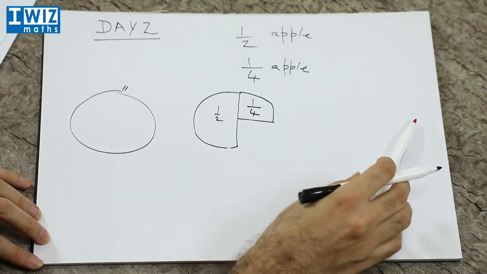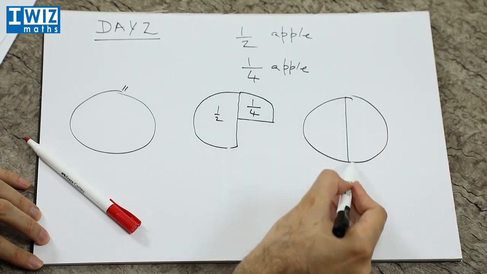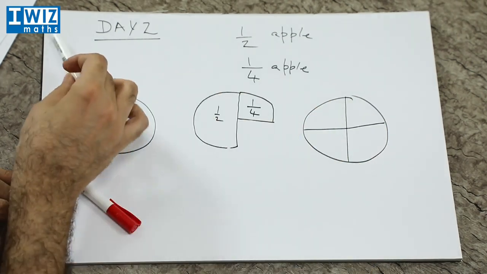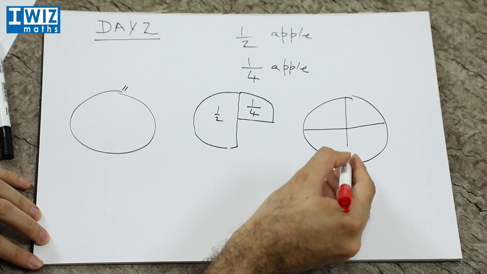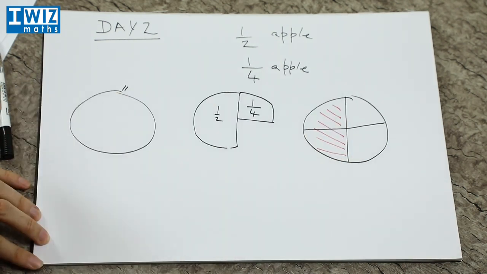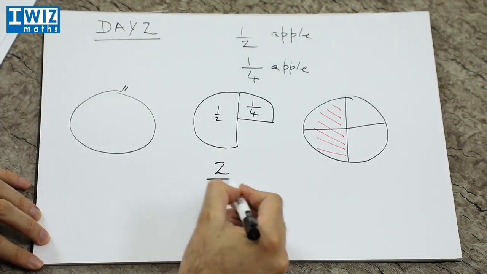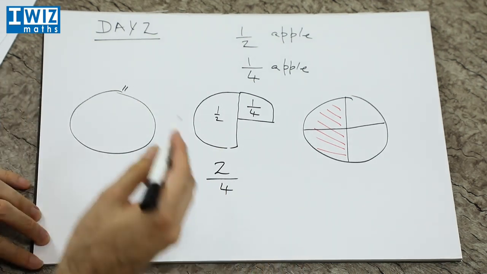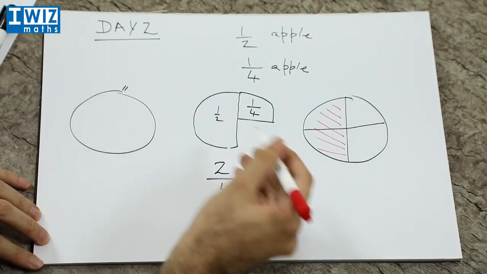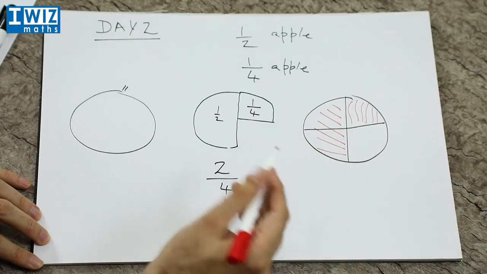Now if we break it up into 4 pieces, then before lunch we had 2 of the 4 pieces, and after lunch we had 1 of the 4 pieces, so we shade that as well.